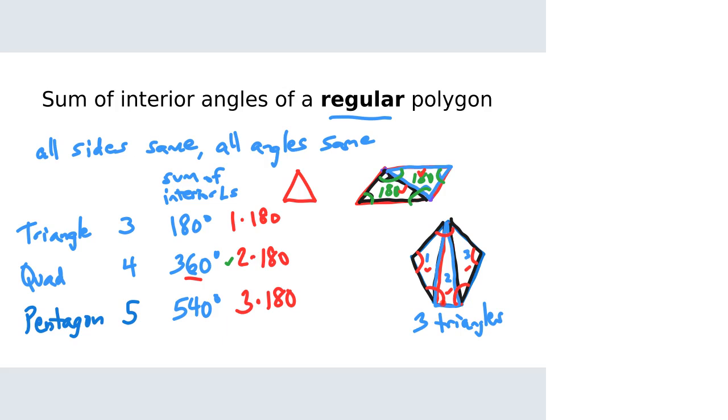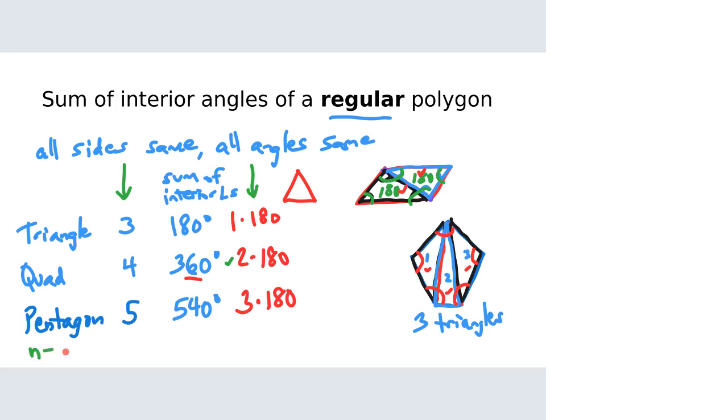All right, so there's a couple of things I want to try to do here then. I want to try to build a formula. As we build this formula, and I'm maybe giving you more than you need, I apologize if that's true, I want you to look at the side lengths and how we figure out how many angles there are.